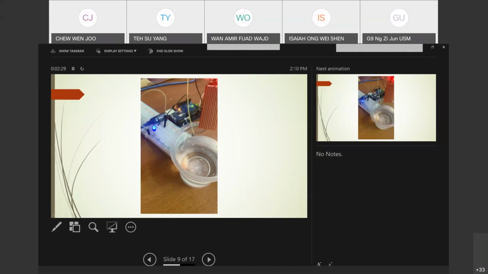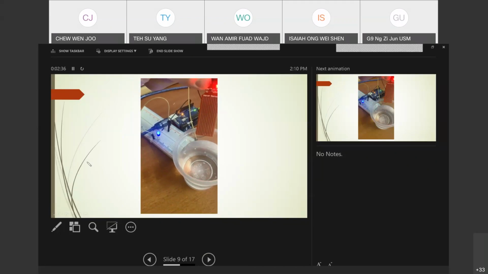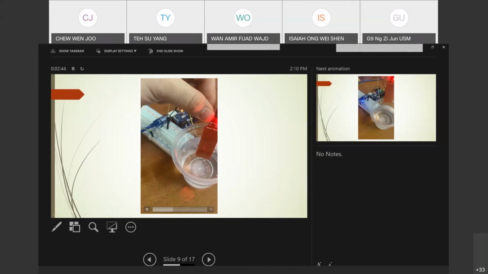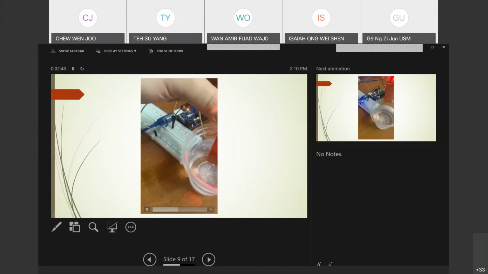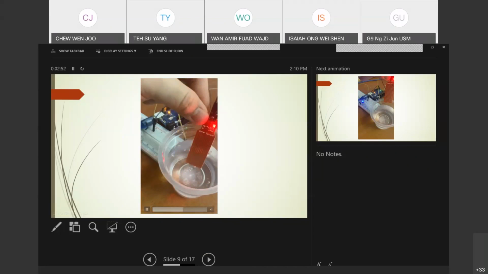The water sensor is installed at the desired water level of the tank. When the water sensor detects water, the pump is not activated because the water is at the desired level.